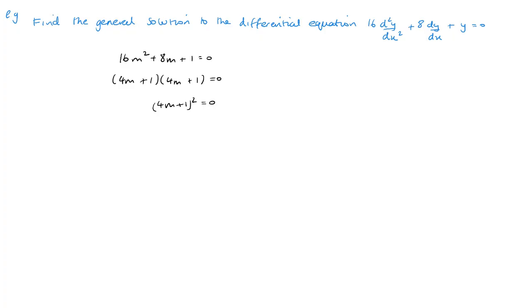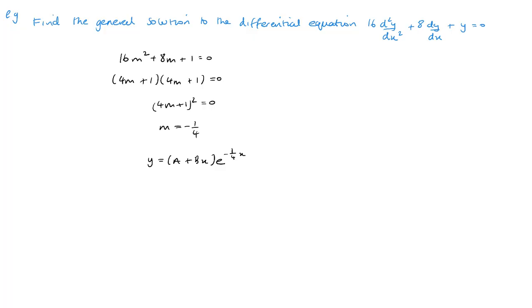So it's a repeated root. Okay, so we've got m equals minus a quarter. So that means the general solution is y equals (a plus bx) e to the minus 1/4 x. And there we have it, the general solution to this differential equation.